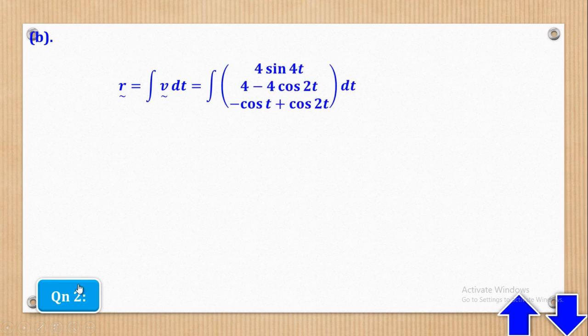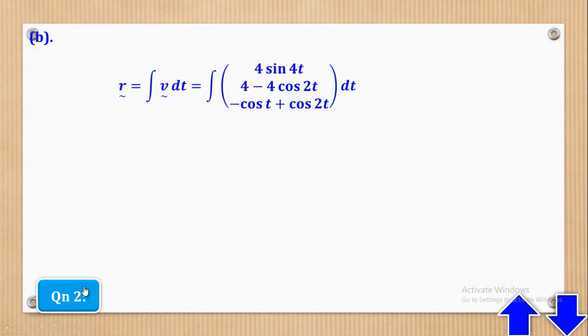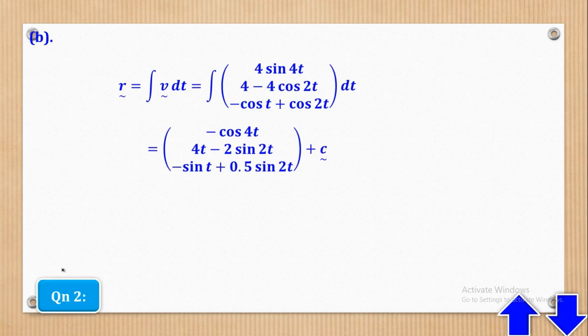So part B, remember they said find the distance from the origin when t is equal to pi over 4. So for me to get distance, I have to first get displacement, and displacement is found by integrating velocity. So when I integrate 4 sin 4t, I'll come up with negative cos 4t.